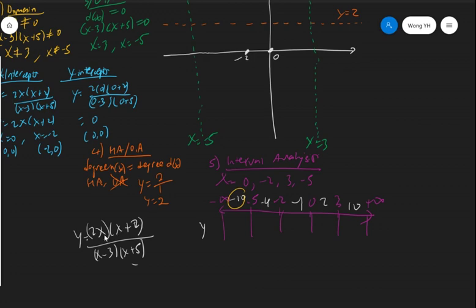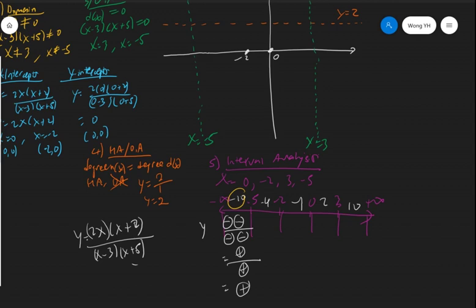Minus 10 times 2 is negative. Second bracket, minus 10 plus 2, we get a negative. You're going to divide by minus 10 minus 3, negative. Minus 10 plus 5, negative. So on top negative times negative, we get positive. Below negative times negative, we get positive. So overall we get positive.